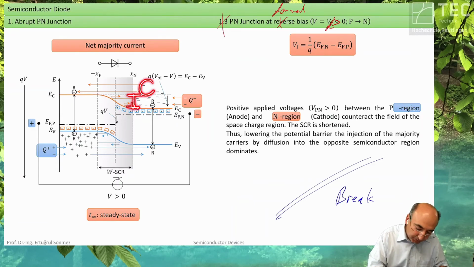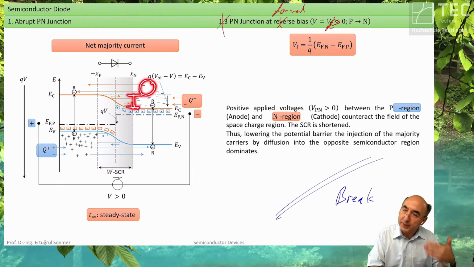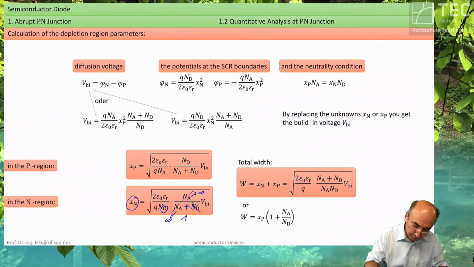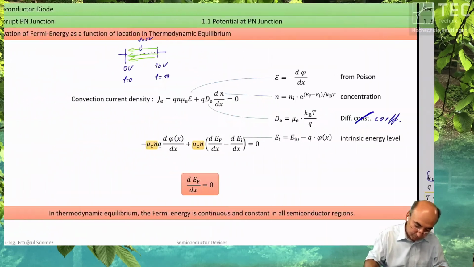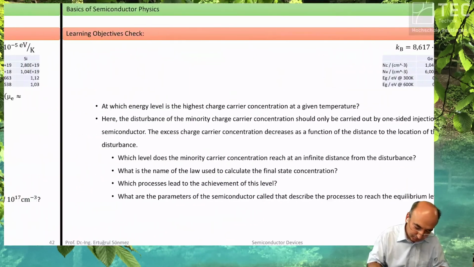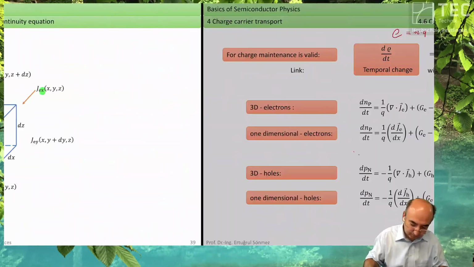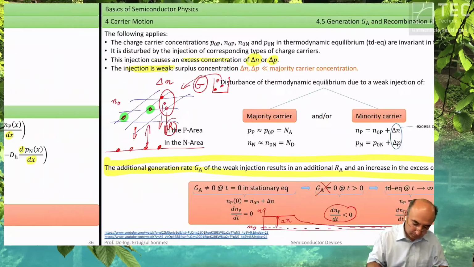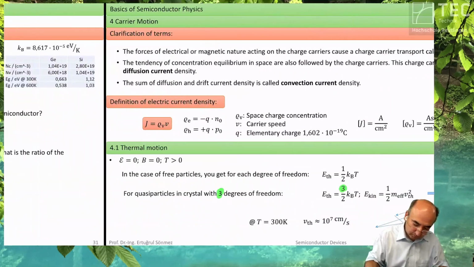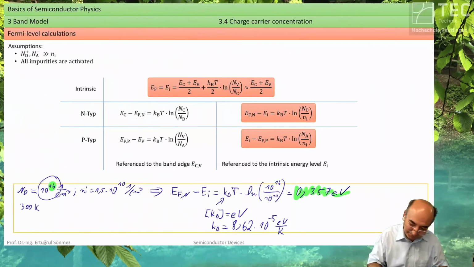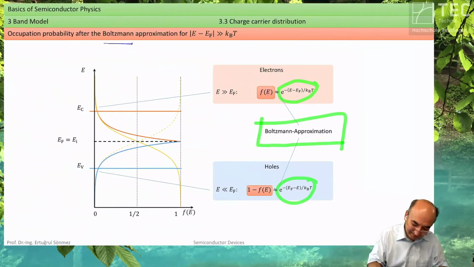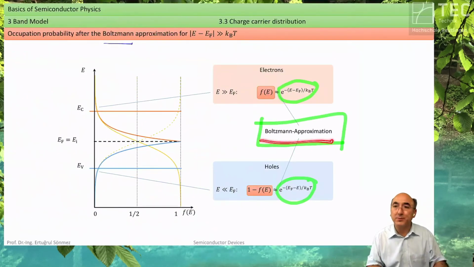And the increase of this concentration exponentially is this Boltzmann approximation.